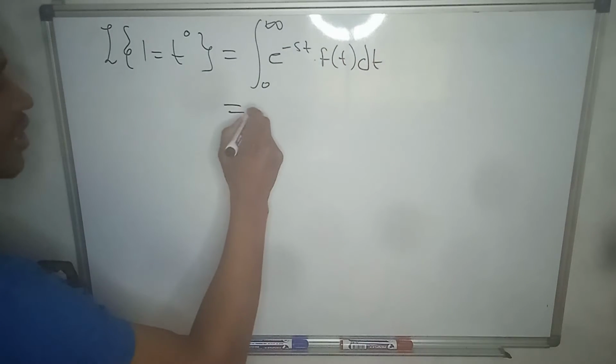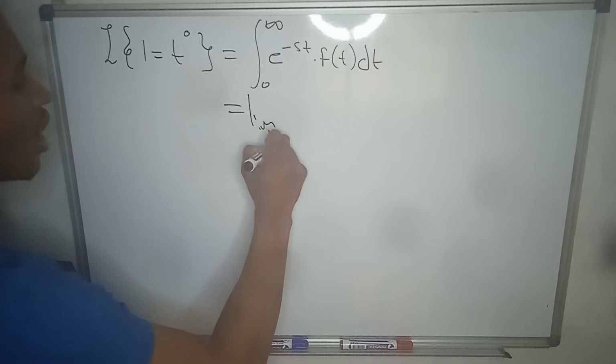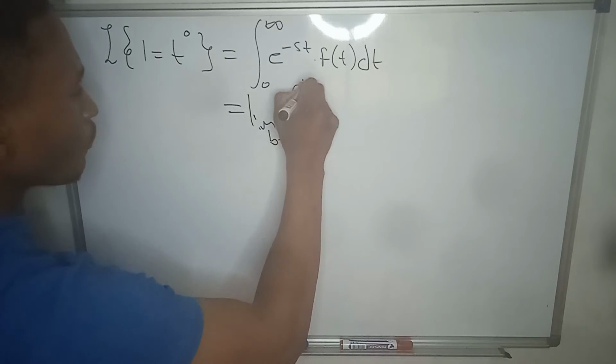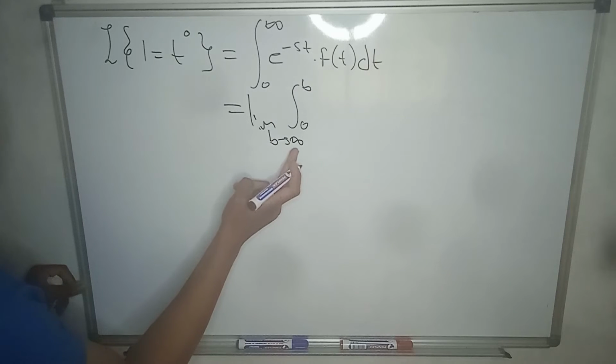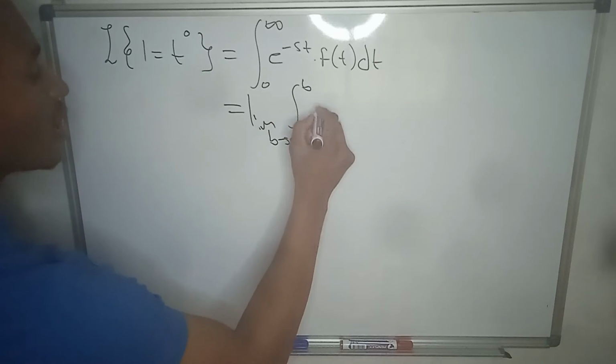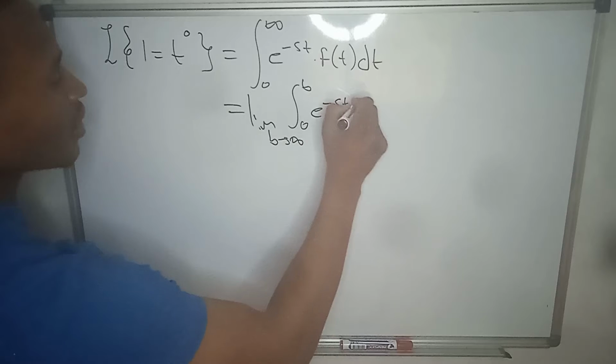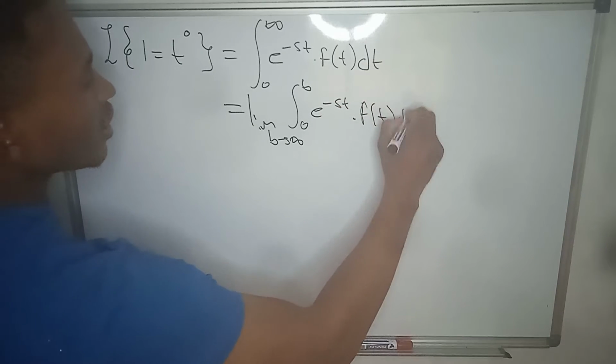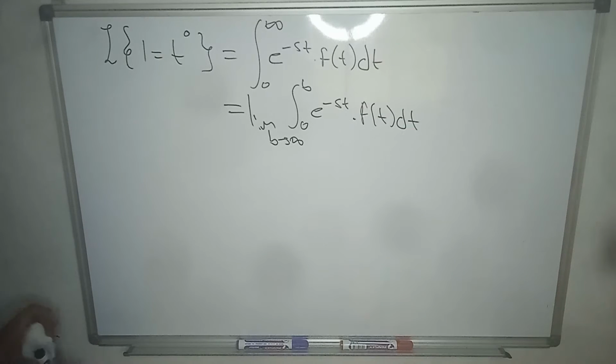This can also be written as the limit as b approaches infinity of this integral from 0 to b, because it approaches infinity here. So this will be e^(-st) times f(t) dt. I'm just rewriting the equation.